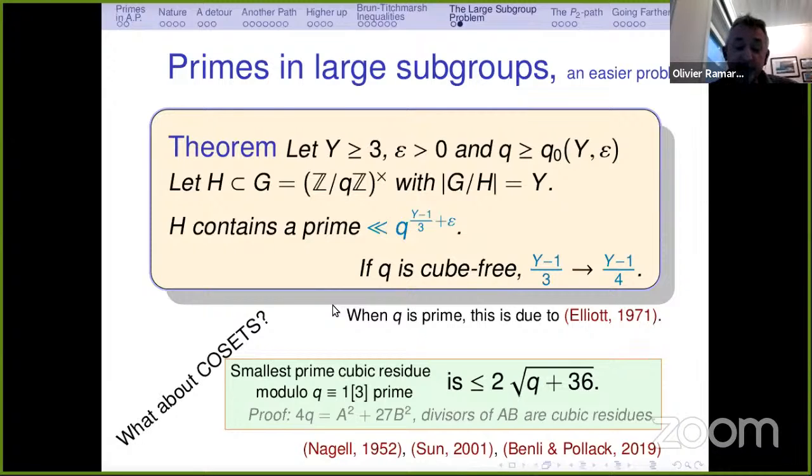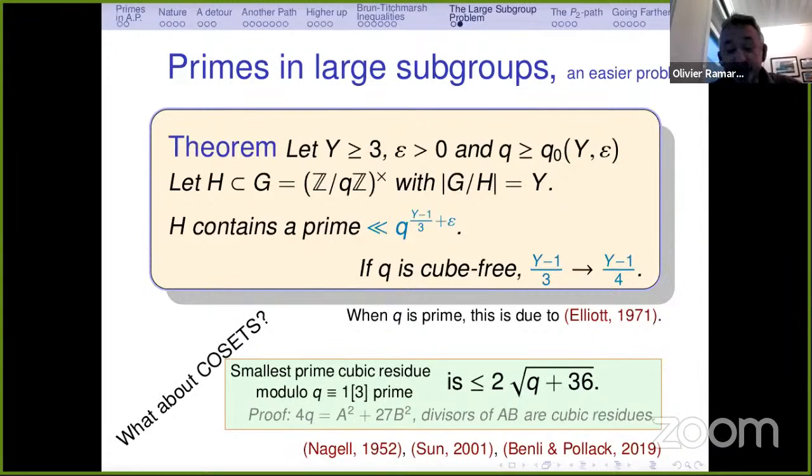If you use algebraic number theory, for instance, if you look at a subgroup of index 5, let's say q is a prime, it is the group of fifth powers. So you have some algebraic property of it. There's a nice result of Nagel that I always quote in 52. Take a prime p which is congruent to 1 modulo 3.